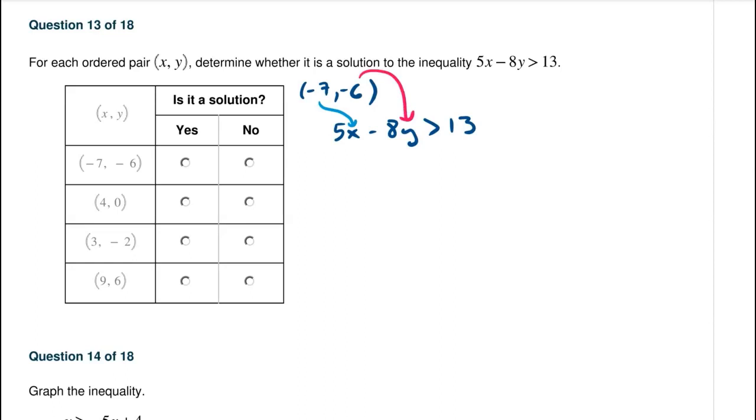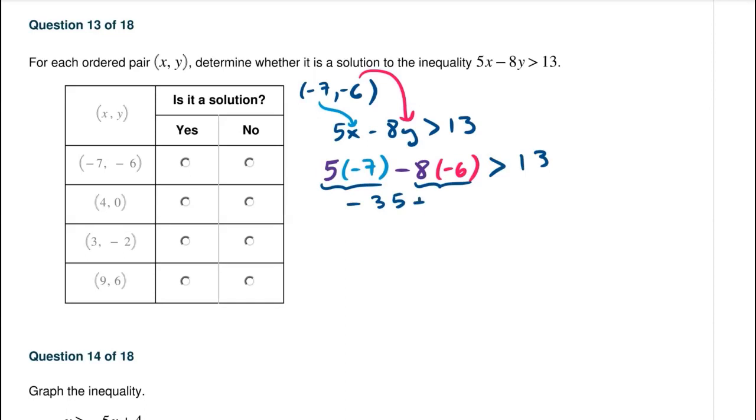So that will give us 5 times -7 minus 8 times -6. Is that greater than 13? So 5 times -7 is -35, and 8 times 6 is 48.